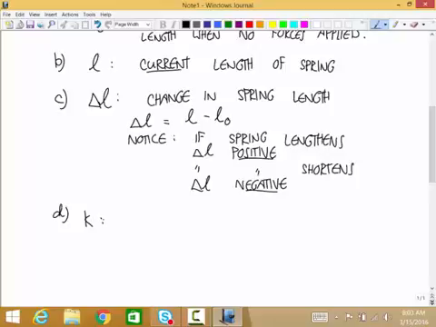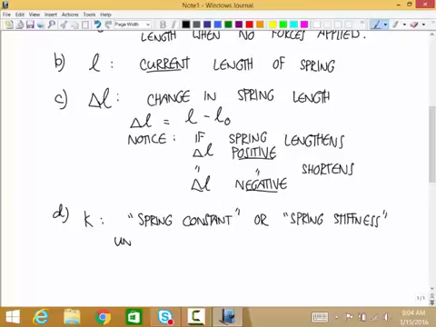And that's going to be the constant K. We'll call that the spring constant or the spring stiffness. It has units of force per length. And that means that the SI units are newtons per meter.